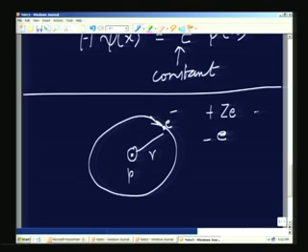Z is 1 for a proton; for other nuclei Z depends on the number of protons you have. What is the Coulombic energy of attraction between these two electrically charged particles? It is minus Ze square by 4 pi epsilon naught r in classical electrodynamics in SI units.